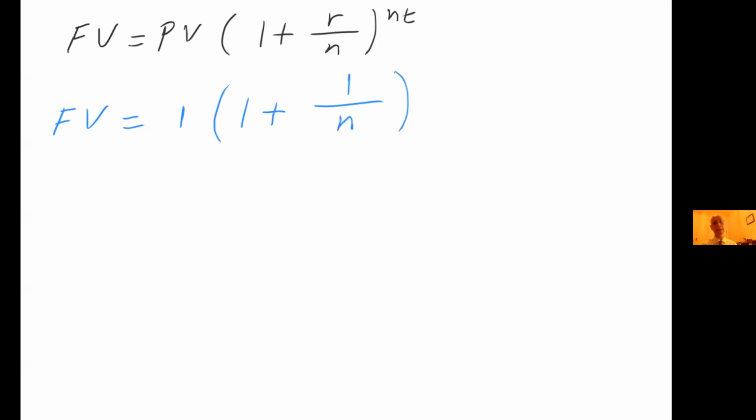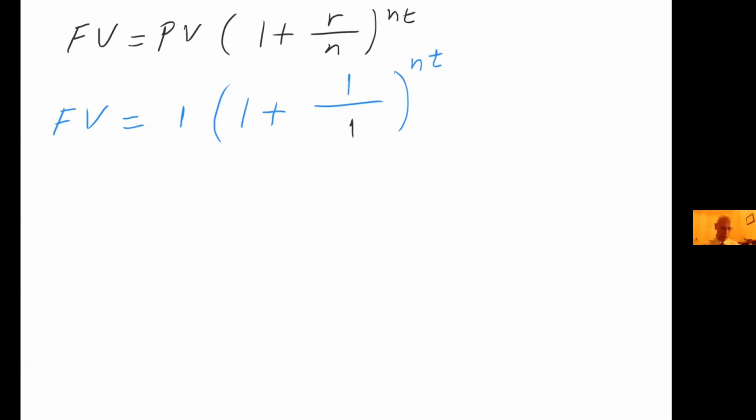First start with n as if it's been compounded only once a year, to the power of n times t. So let's put 1 for n.